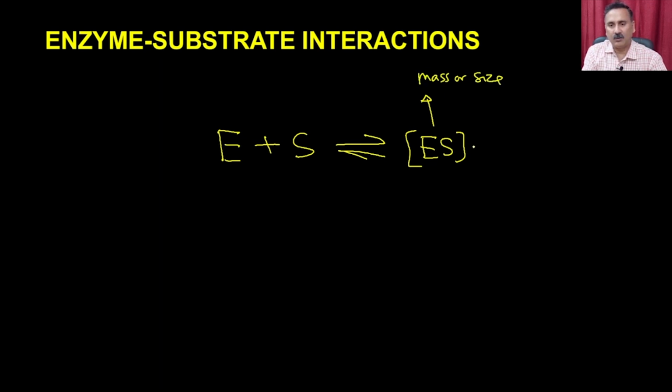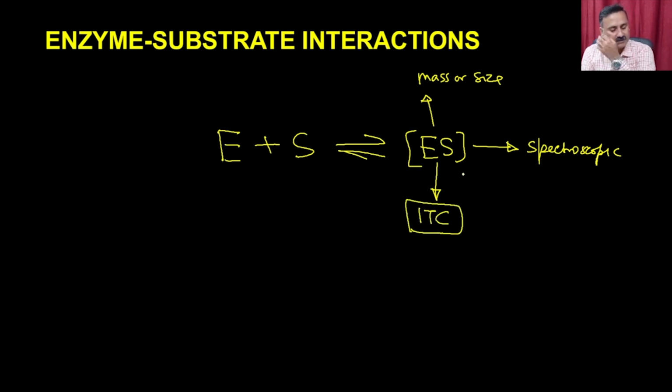It is also disturbing the electronic configuration of the groups present on the enzyme. That can be mapped by spectroscopic techniques. There will also be a change in heat of the enzyme substrate system, and that can be measured in the system called ITC.